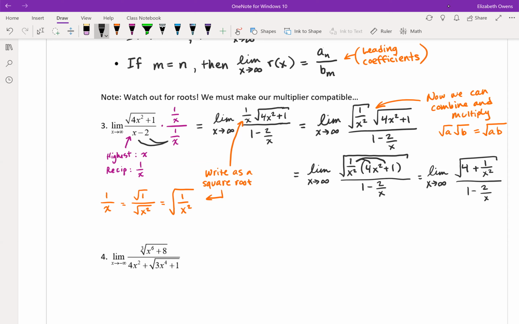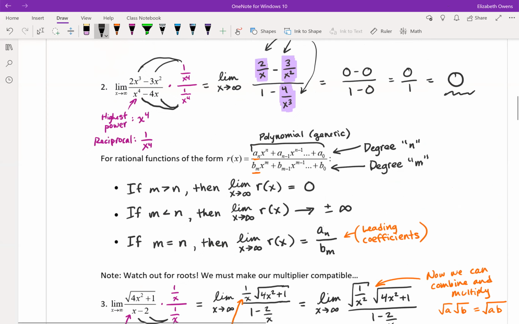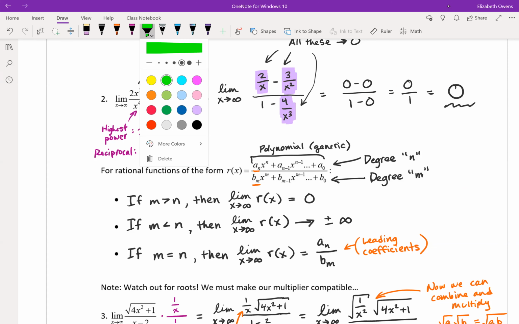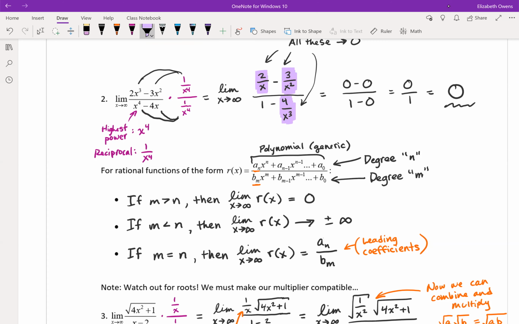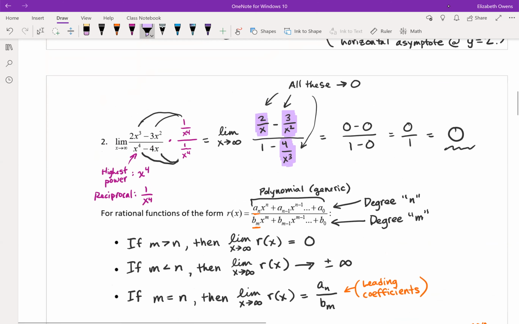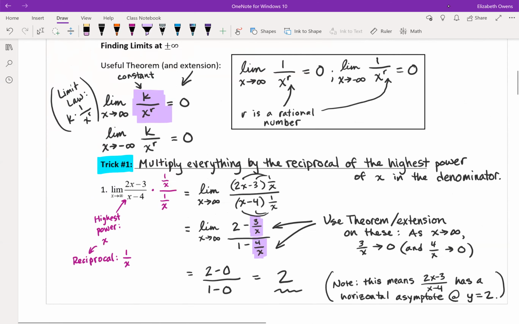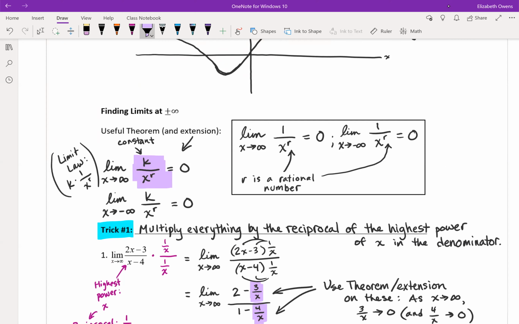Now you can start to see those familiar terms coming back up that we saw in our previous examples. Those constant over some power of x. Those are the things I've been highlighting in purple here. These are the terms that are going to approach 0 as x gets very, very large because of our useful theorem and its extension.